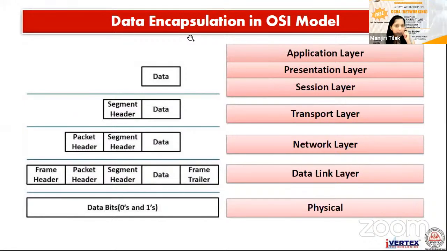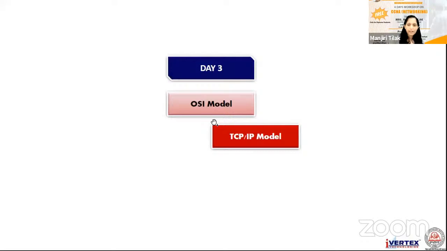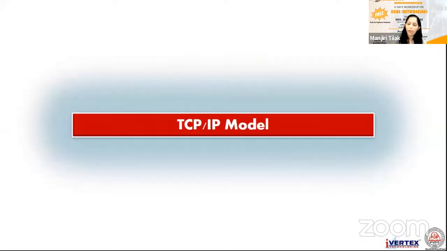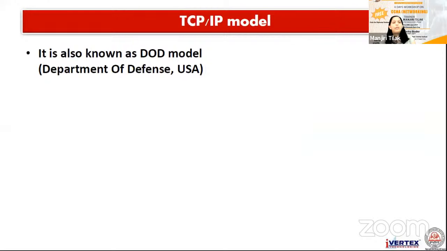Okay, so now let's discuss the TCP/IP model, which is designed from this OSI model and is accepted by the internet community. So nowadays, whenever you see communication in a network, that communication is based on TCP/IP only. Now, the TCP/IP model is also known as the DoD model. Who developed this TCP/IP?